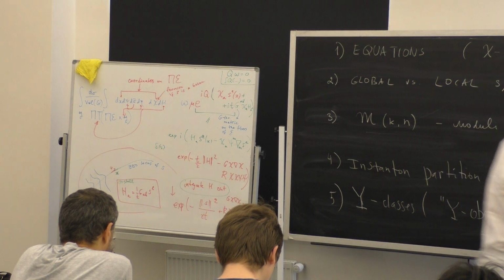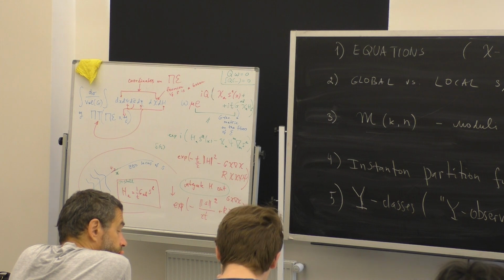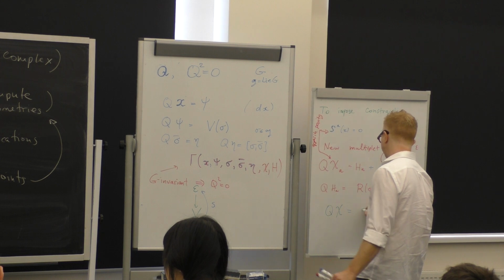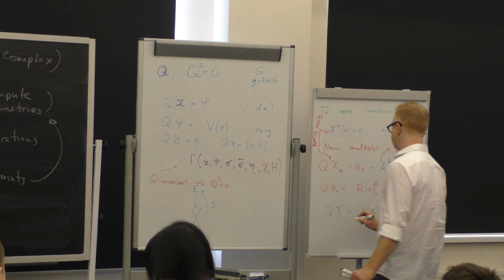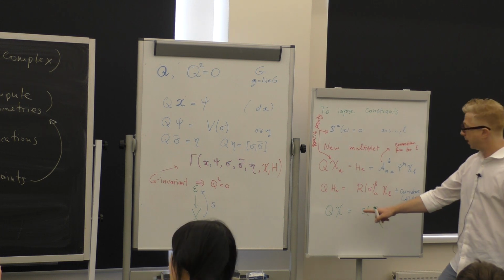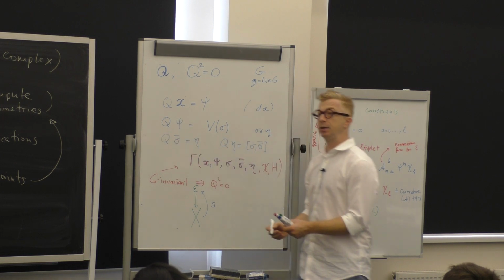So now if I substitute that value of H into my differential, what I'm getting is that now Q applied to chi, up to some non-degenerate matrix, is the section. And that's the Koszul complex. So now I have my original functions enhanced.